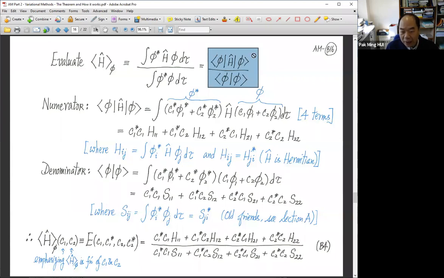Let's look at the numerator. Now, we have to do this again and again in quantum mechanics on many occasions. So pay attention and get it once and for all. Numerator, okay? Now, this symbol means our trial wave function on the left with a complex conjugate, our trial wave function on the right without the complex conjugate, and whatever problem we are trying, the Hamiltonian in the middle.